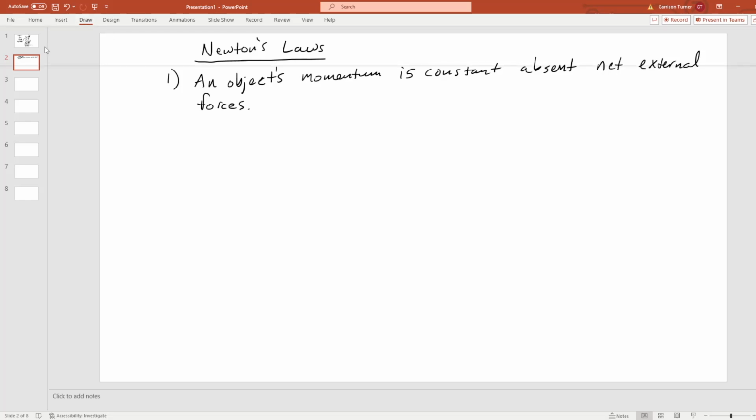So this is a much more compact way of writing out the first law.